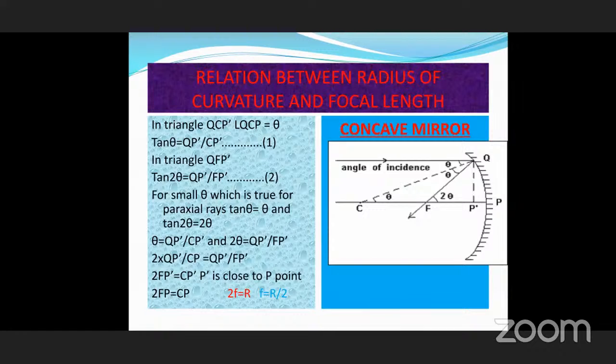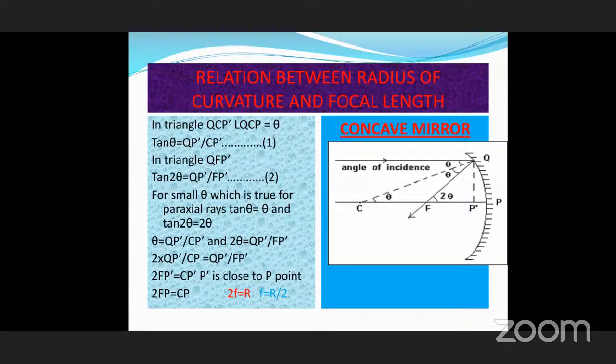Students, what we have learned today: what is light, how the light is originated, how it travels, and what are its properties, and what is a mirror, what are spherical mirrors and their types, concave and convex, and some important parameters of mirrors: pole, focus, center of curvature, and also principal axis.